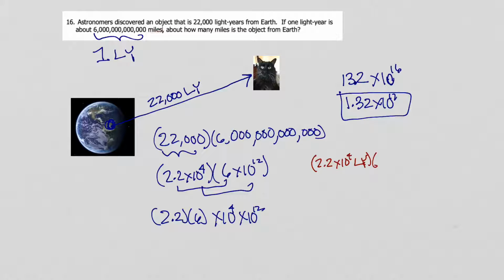There's this many miles in 1 light year. So what we've got here is 6 times 10 to the 12th miles per light year. And then when you multiply, do you see what happens here? The light years cancel, and you're just left with miles. That's how I know that up here, this is just miles.